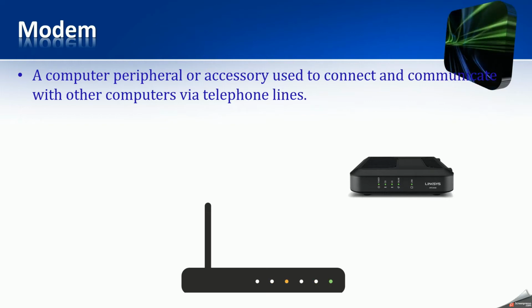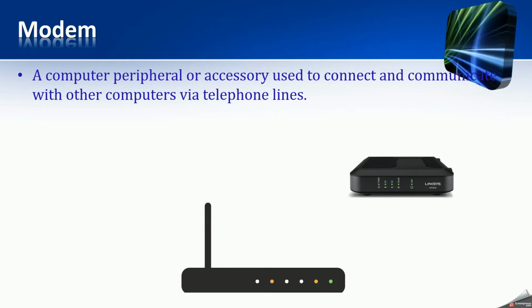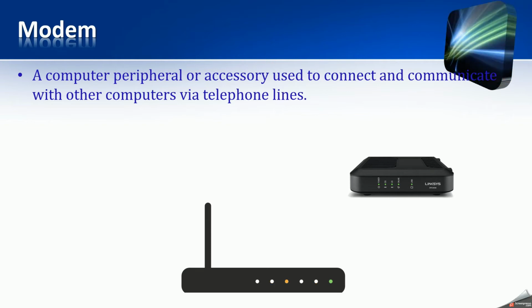Because our computer understands binary language and doesn't work on analog data, as we are using digital computers, that conversion between digital and analog is very important. So the modem does the work of that.